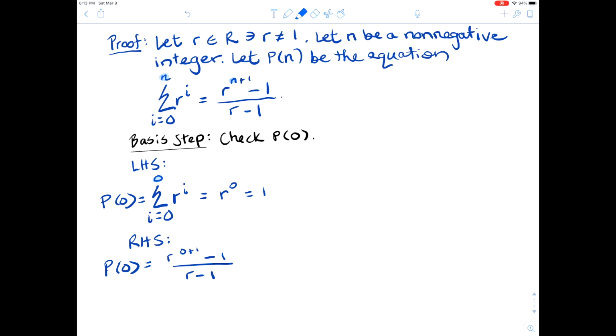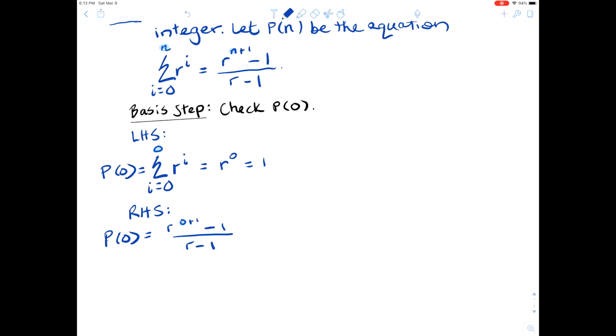And let's see what we get. This is where I plugged in a 0. So that will give us r to the 1 minus 1 over r minus 1. But isn't that just r? r to the 1 is r. So you get r minus 1 over r minus 1, which is 1. So that checks out. Cool so far?